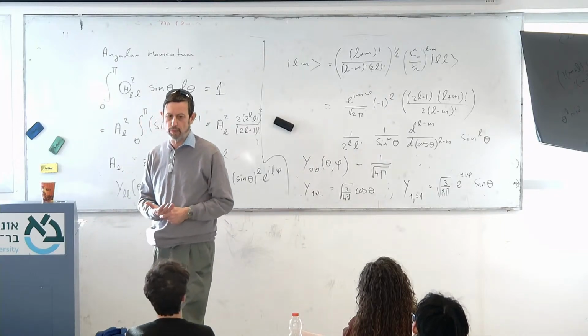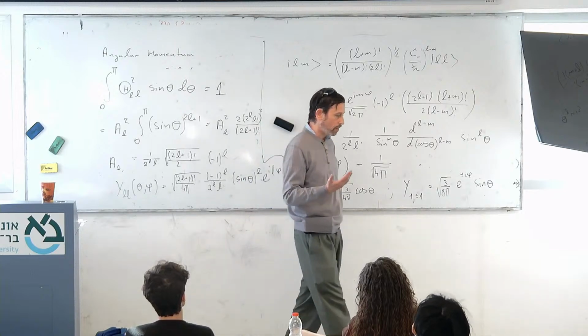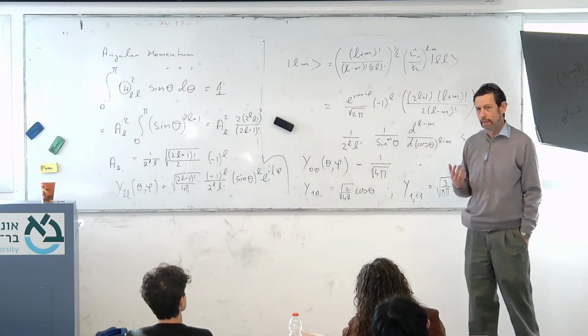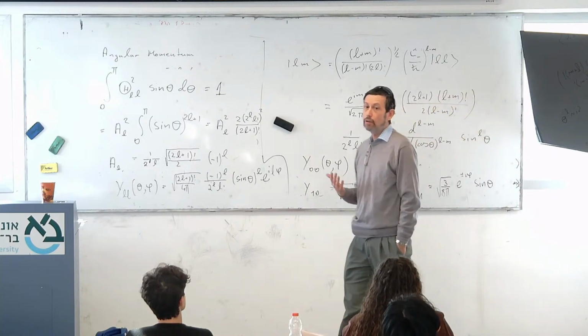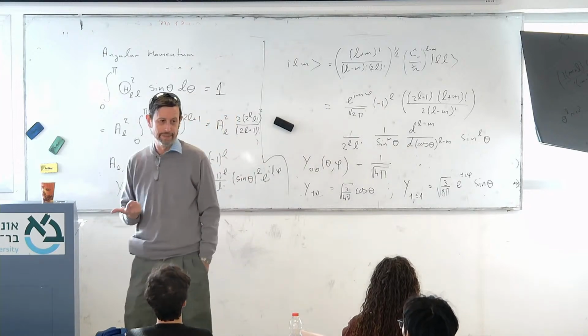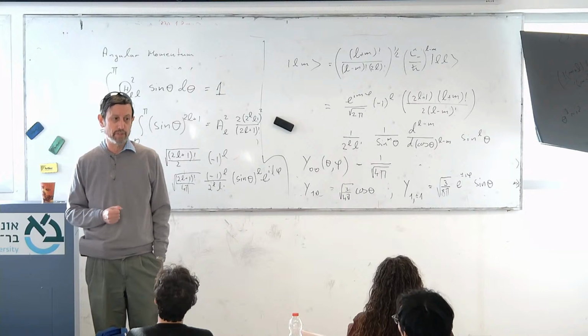Why is it so important? It's important because most of the particles that we'll run into in nature are composed. Let's say a neutron, a proton, it's 3 particles of spin half.